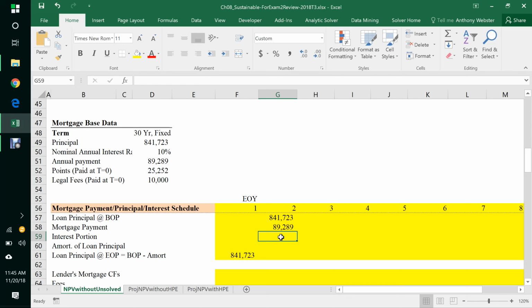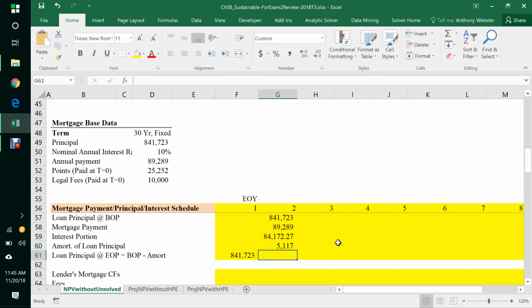All right, so the interest portion is going to be, as always, and throughout finance, this is always true, your beginning of period balance times your interest rate. And the interest rate is given as part of the terms for the loan. So we got that. So ain't much amortization happening here. But it's always, as always, the total payment minus the interest portion.